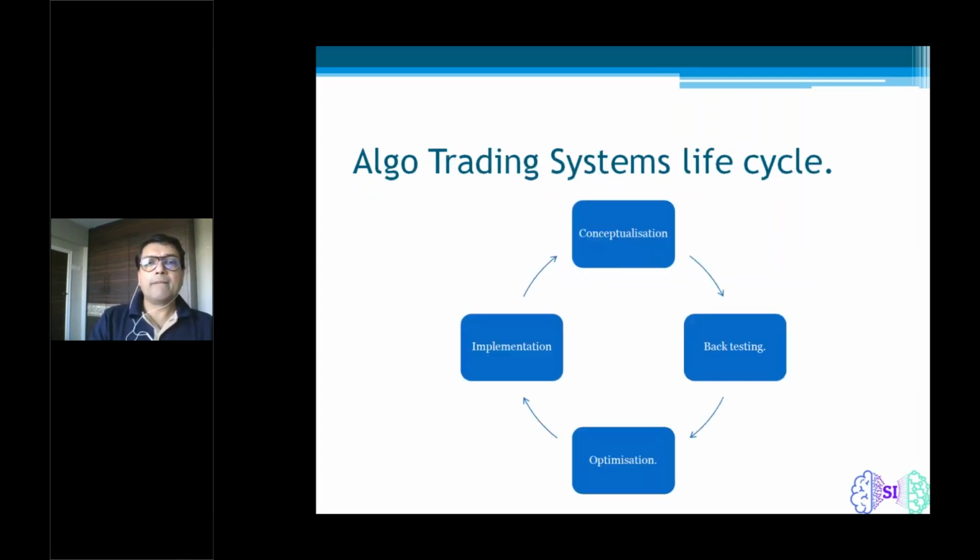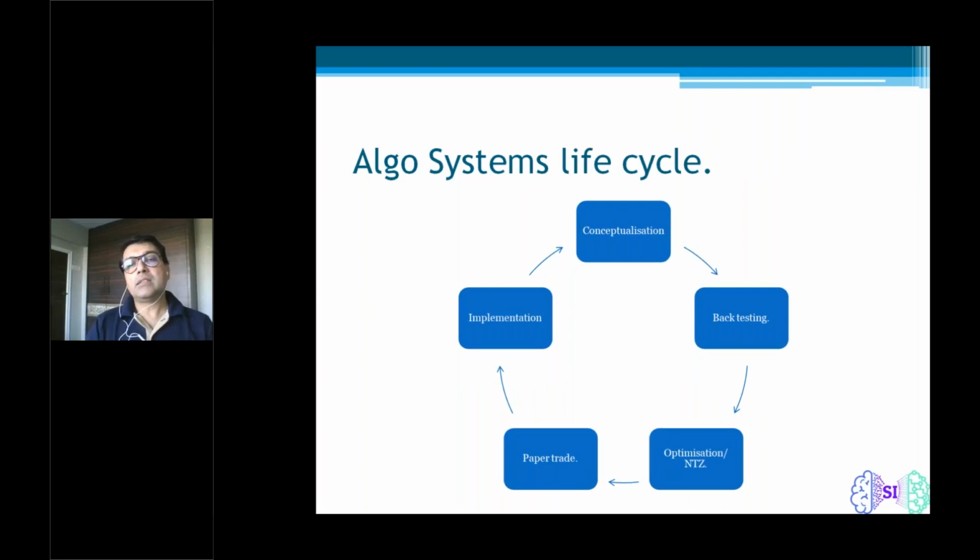So now, the life cycle or the pillars that we used to focus on initially, that is conceptualization, backtesting, optimization, and implementation, has been further changed. The new addition is conceptualization, backtesting, optimization, adding of NTZ, paper trading or mock trading, and implementation.